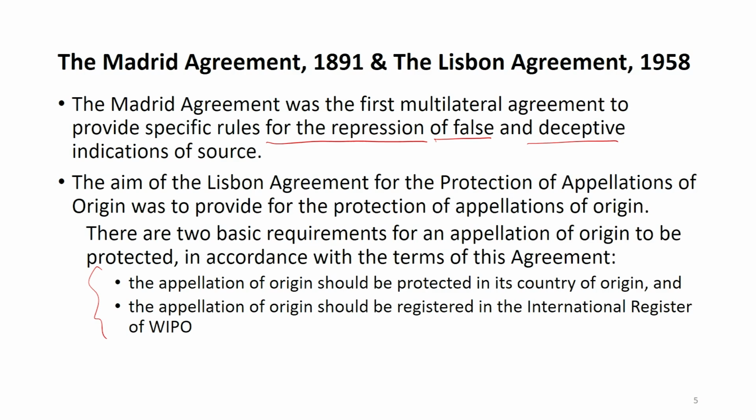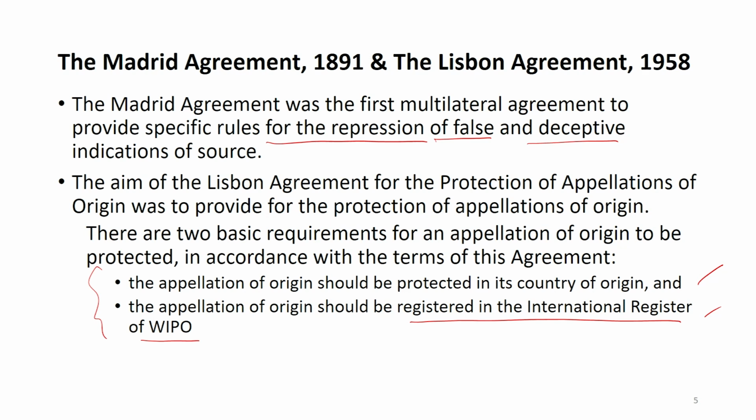That was the idea. Second, the appellation of origin should be registered in the International Register of WIPO. So, these were the two conditions subject to which protection to appellations of origin was granted in the Lisbon Agreement.